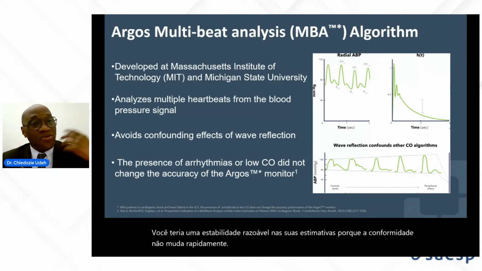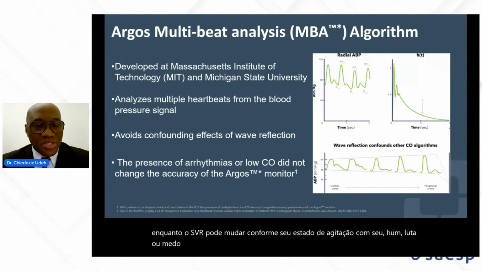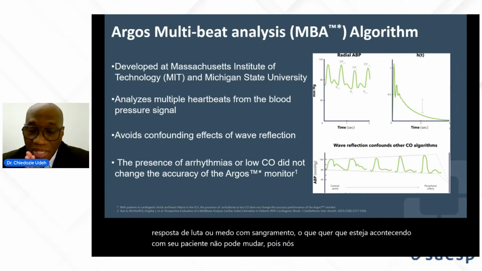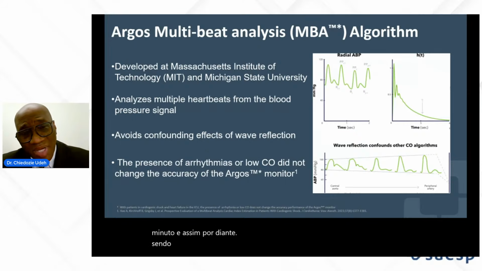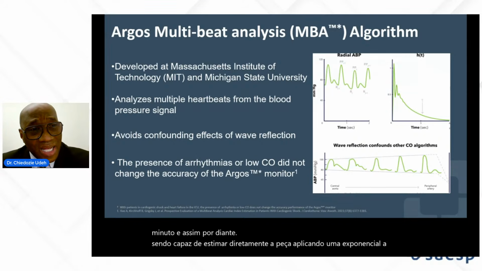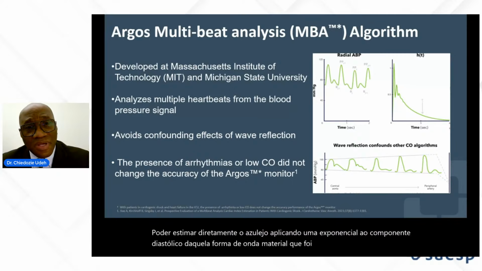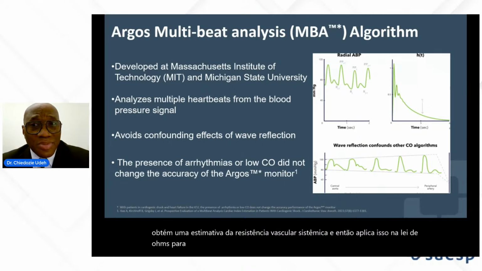Whereas SVR can change with your state of agitation, with your fight or fear response, with bleeding, whatever is going on with your patient, second by second or minute by minute. And so by being able to directly estimate the tau by applying an exponential to the diastolic component of that modeled arterial waveform, you get that estimate of systemic vascular resistance, and then you apply that into Ohm's law to calculate your cardiac output.